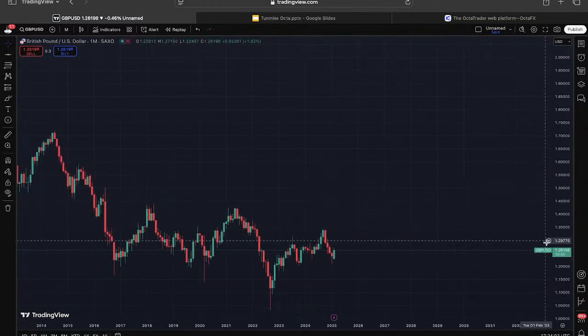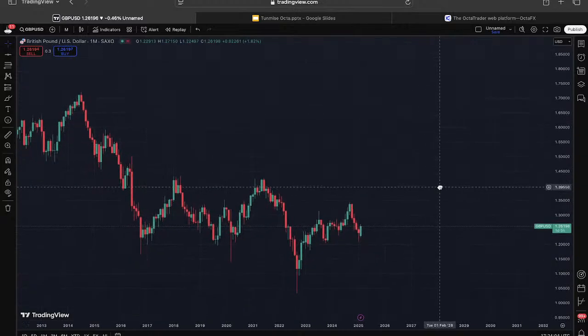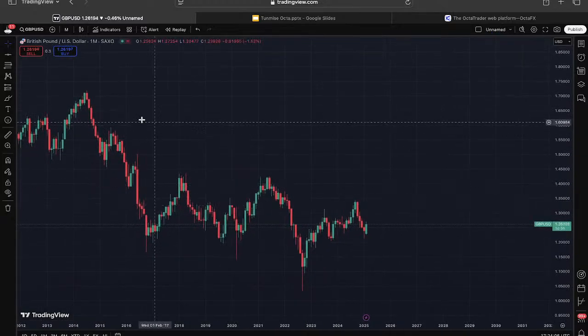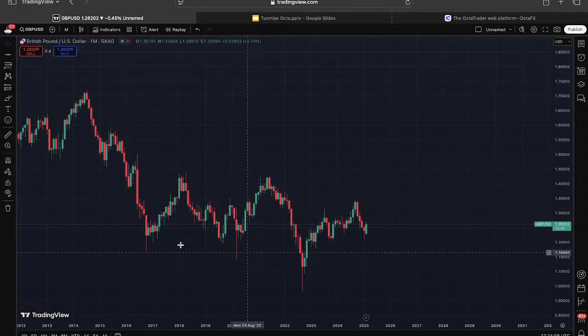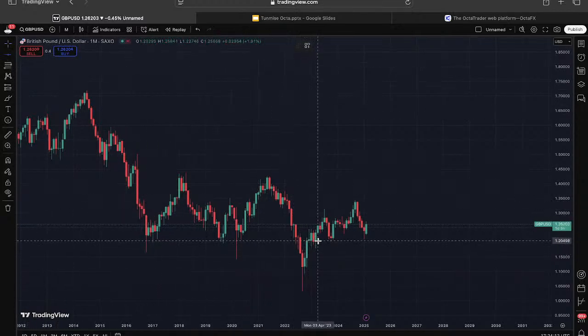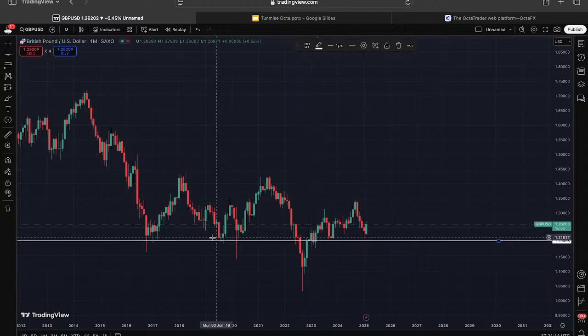So this is GBPUSD, and from here, let's map out the levels of support and resistance.